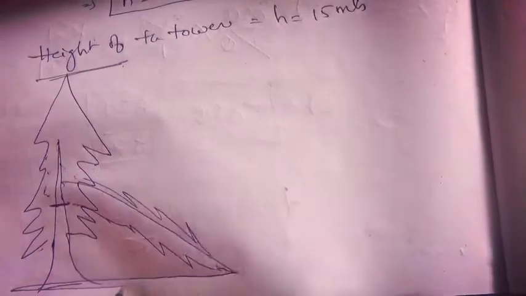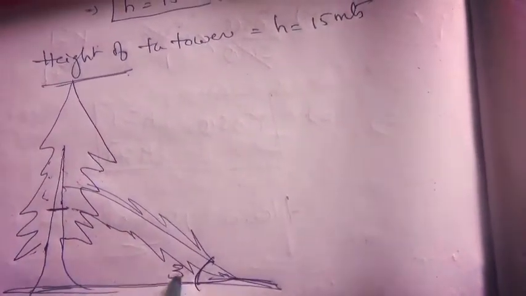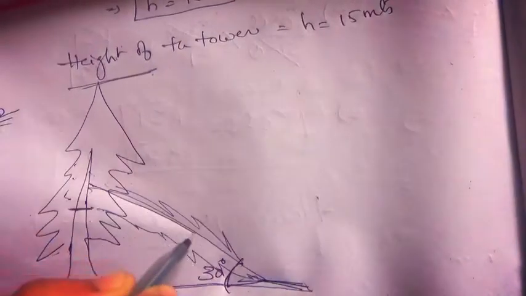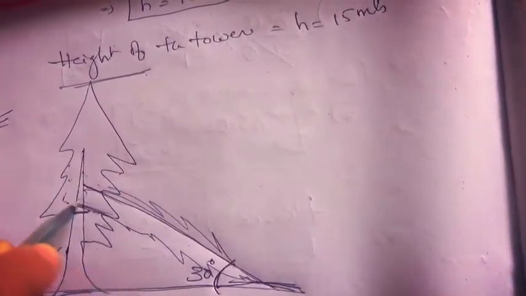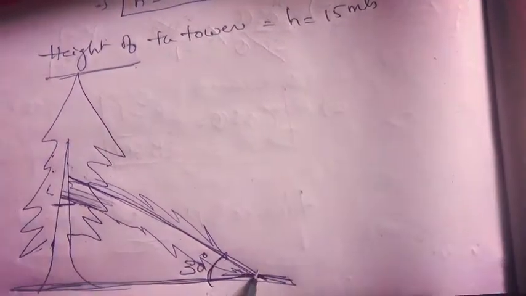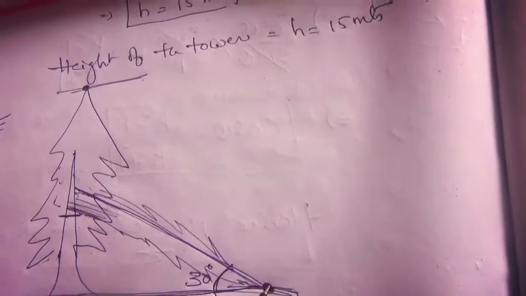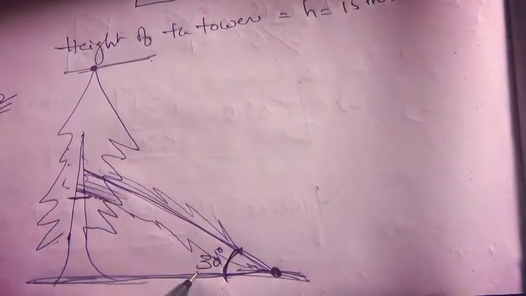The tree makes an angle of 30 degrees with the ground. Imagine the tree was broken from here and fell on the ground, and the top of the tree touches the ground at an angle of 30 degrees.